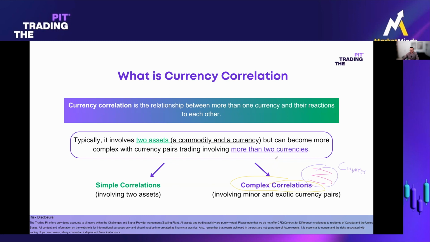Guys, when we say the word currency, we mean one currency and only. Okay, we don't mean the pairs. When we say currency pair, we mean two currencies together. Okay, and that's important. I see many traders get confused.